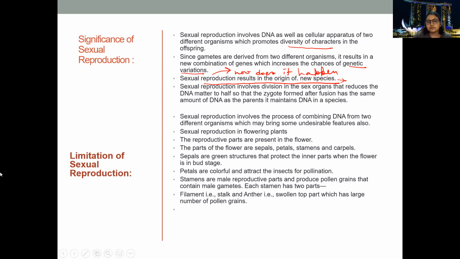Okay, then ma'am, can we say it's the recombination of parent genotypes? My question was how sexual reproduction leads to the origin of new species. So how will we give the answer?